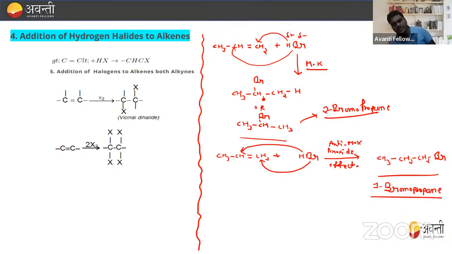So always remember what happens when you treat with peroxide and with the Markovnikov rule. This is how we can add hydrogen halide to alkenes, in two ways: either Markovnikov's rule or anti-Markovnikov's rule. Whenever you follow Markovnikov's rule, you get the secondary halide, that is 2-bromopropane, and whenever you follow anti-Markovnikov or the peroxide effect, you get 1-bromopropane. So this is all.